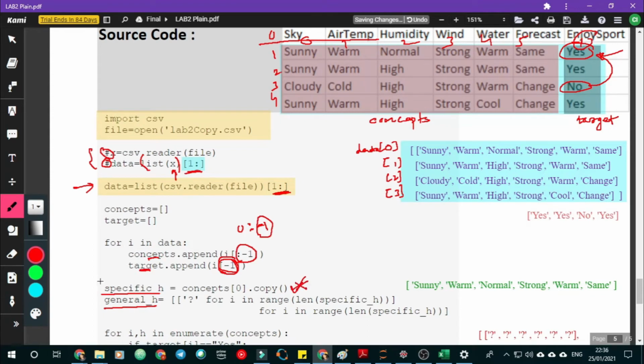You need to check whether the target of the particular example is yes or no, then only you can do this. Since we just wrote a simple program for this, we have skipped that. We have directly taken the first example as the specific hypothesis, because we already know that it is a positive example.